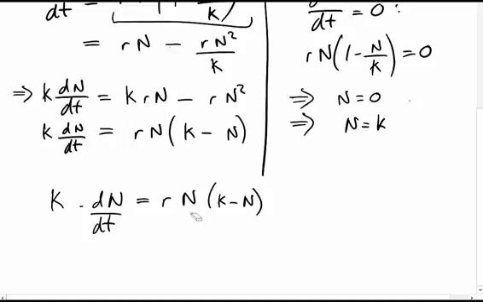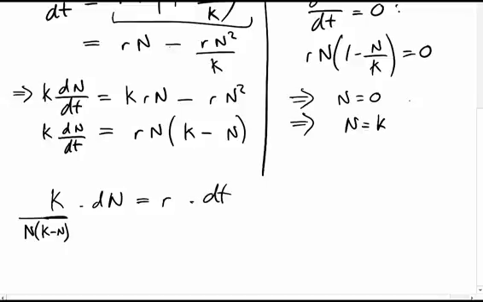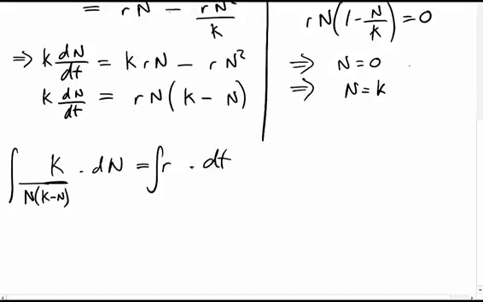First I'm going to divide through by n, to get this k on n. I've got a k minus n here though. Well, that's fine, because this is a constant minus n, so it's not involving t, so I'm also going to divide through by k minus n as well. So I'm going to divide through by n times (k minus n) on this side, which gets rid of that. Then I multiply through by dt to get the dt on that side, and then I can just integrate both sides quite nicely. This is what I end up with here.